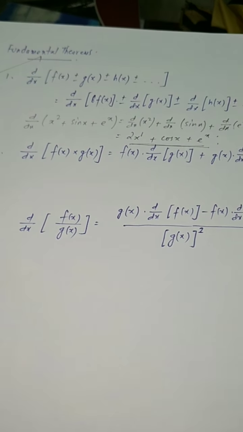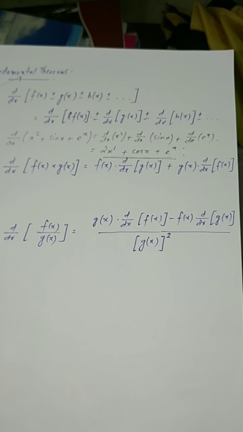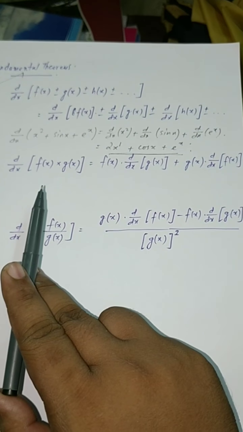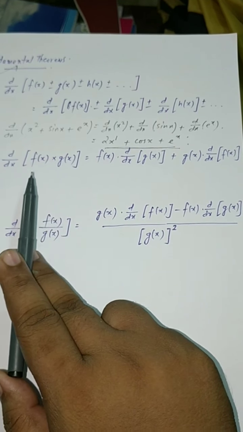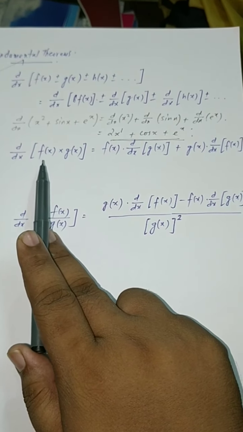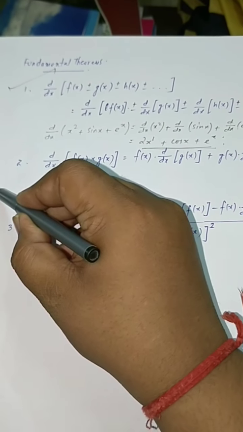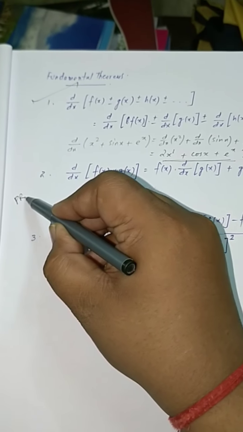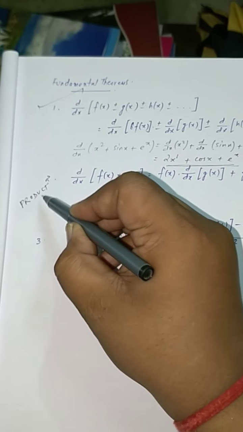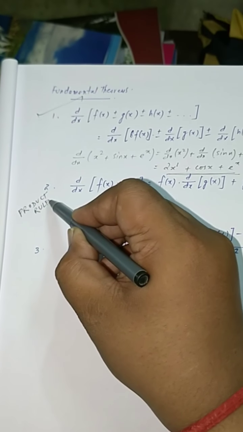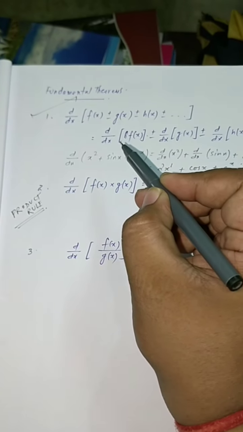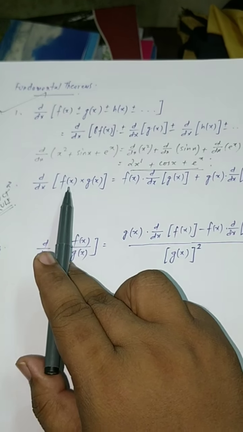Coming to the second fundamental theorem, it talks about, suppose we have two functions f(x) and g(x) in multiplication form. This is also known as the product rule. So we can see two functions are getting multiplied.